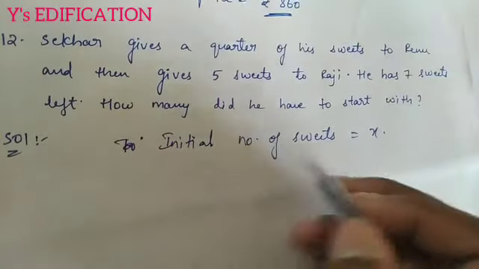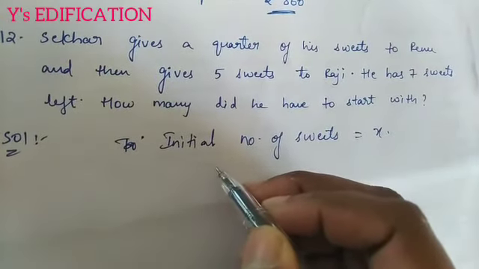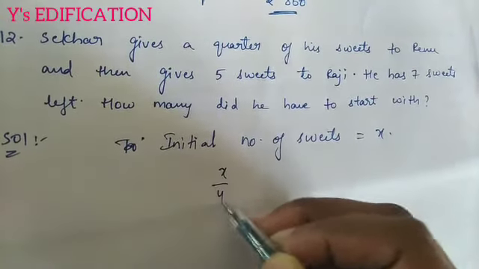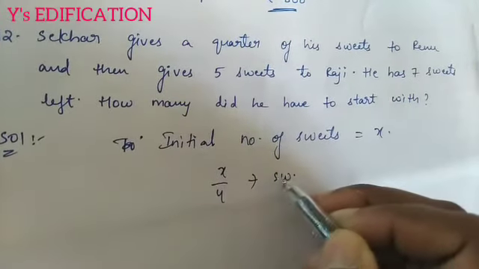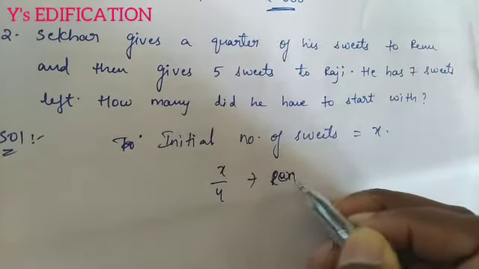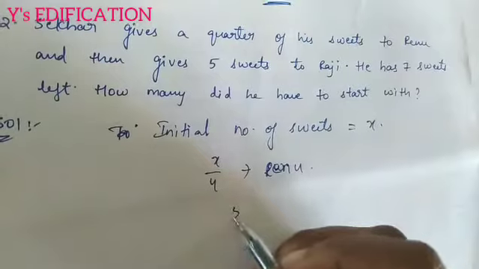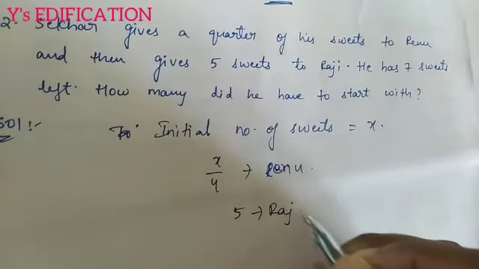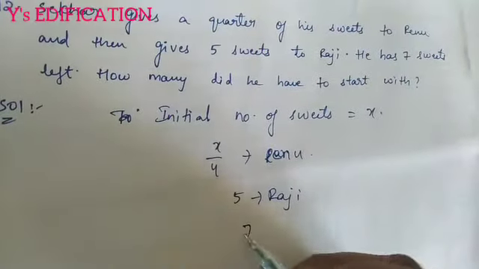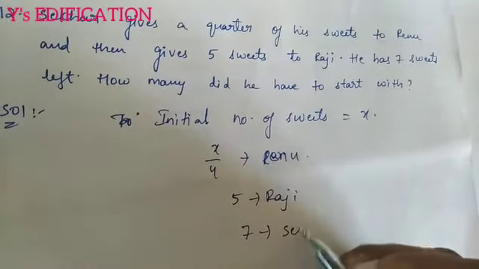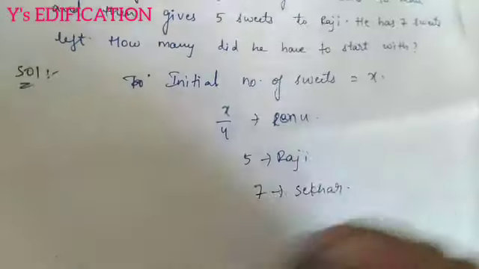Shekhar gives quarter of his sweets to Renu. Quarter means 1 by 4 are given to Renu. And then 5 sweets to Raji. He has 7 sweets left.